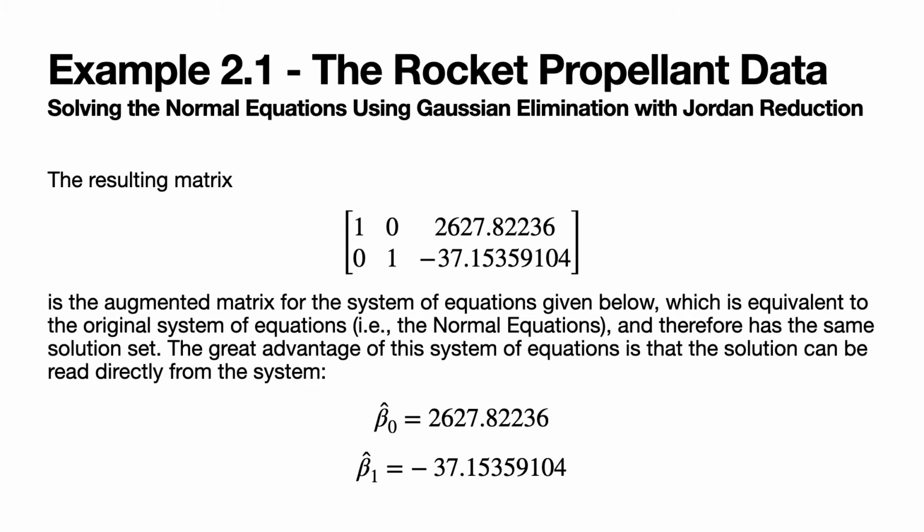The system shown here is beta 0 hat equal to 2627.82236, and beta 1 hat is negative 37.15359104.